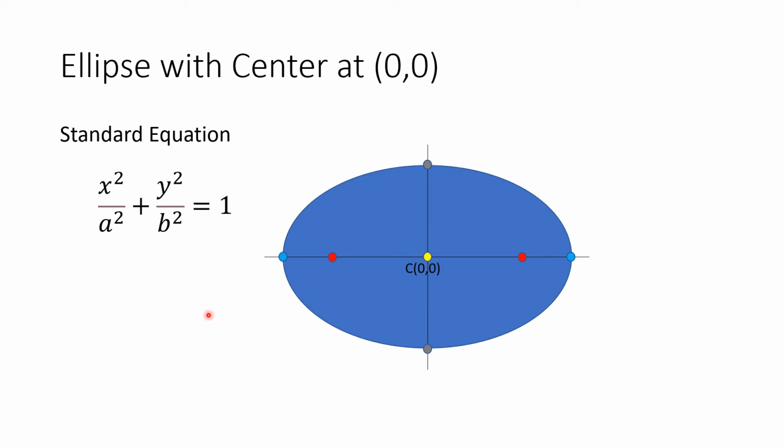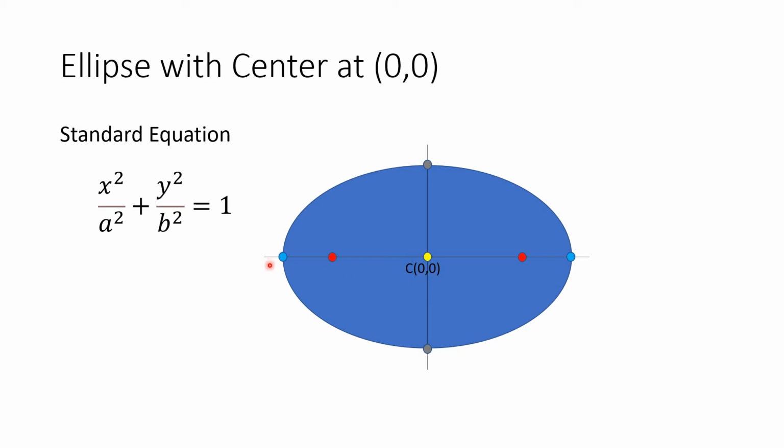So since the value of a is the distance from the center up to one of the vertices, that means we're going to move a units from the center up to one of the vertices. Let's say for this vertex on the left, from 0, 0 up to this point, we move horizontally to the left.